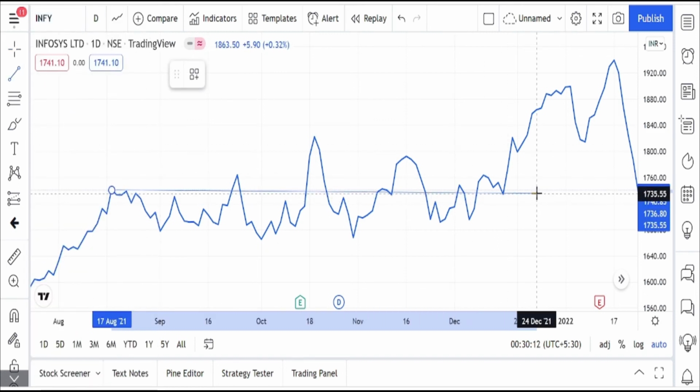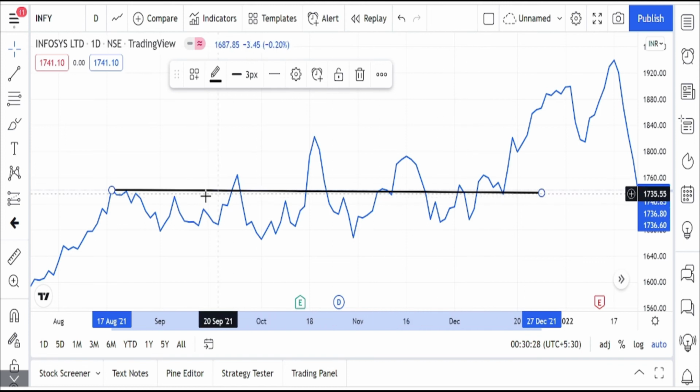So I can draw a resistance line here, considering that it has got some resistance at this price level. In this price zone, the price has reacted in multiple trading sessions, right?